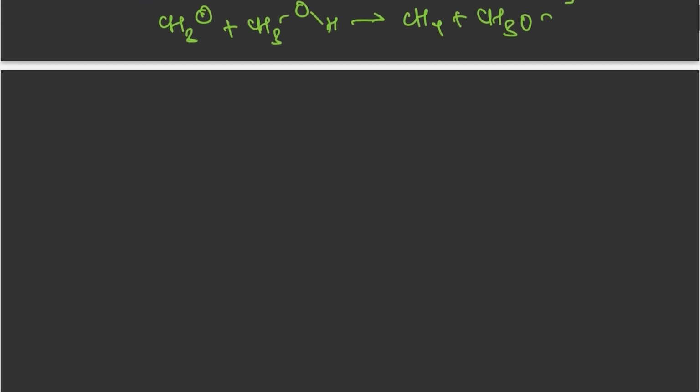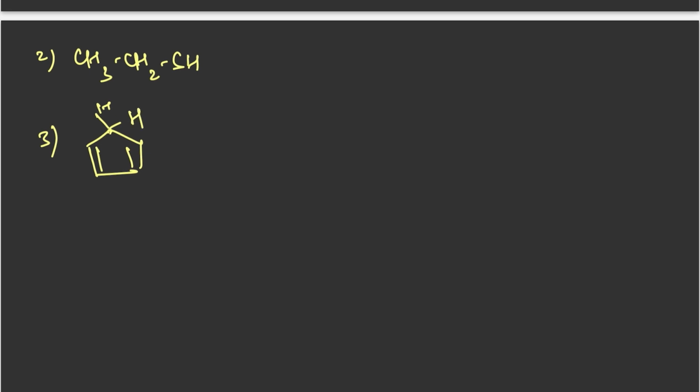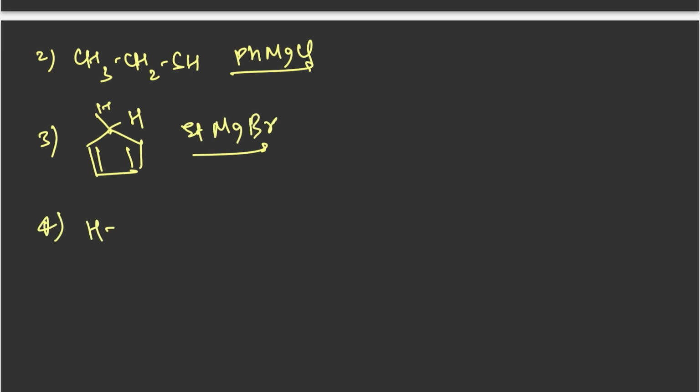Now let's do similar types of questions. We have CH3CH2SH. Third, we have this compound. All are reacting with: this is reacting with PhMgCl, this is reacting with EtMgBr. Fourth, HI is reacting with CH3MgCl. Fifth, CH3C double bond OH reacting with EtMgBr.